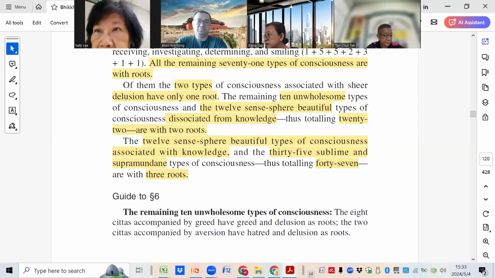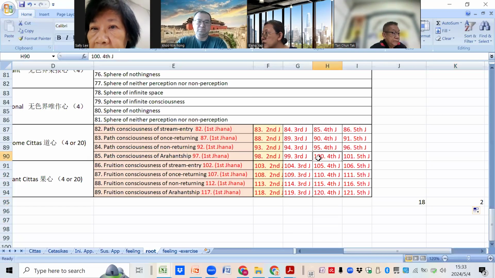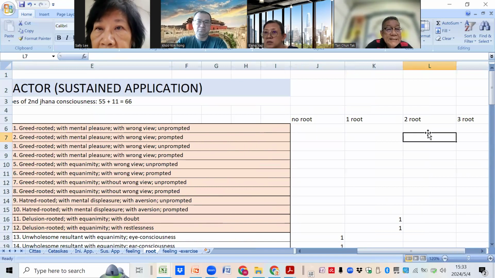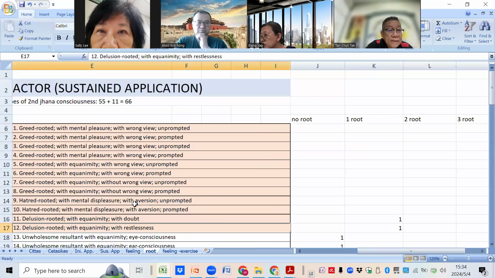10 unwholesome consciousness. Yes, Junta. 10 unwholesome consciousness. Can you number 1 to number 12? Where is the 10 unwholesome consciousness, Junta? Do you see it?